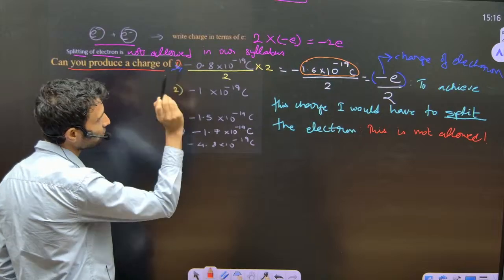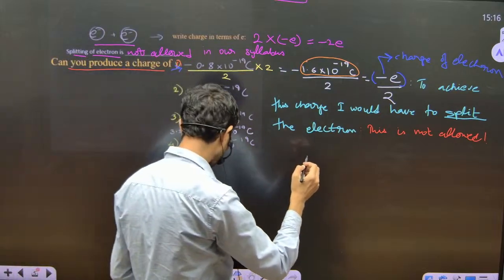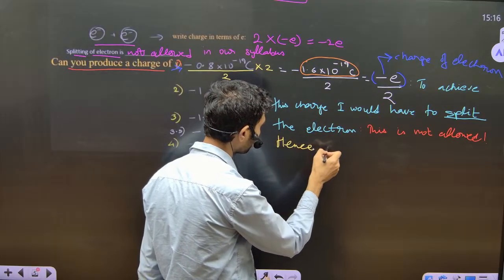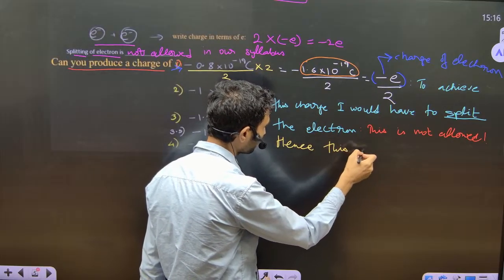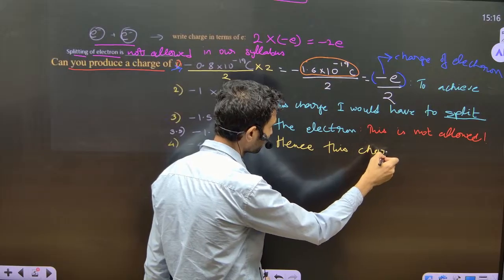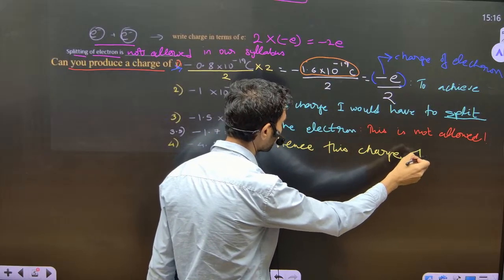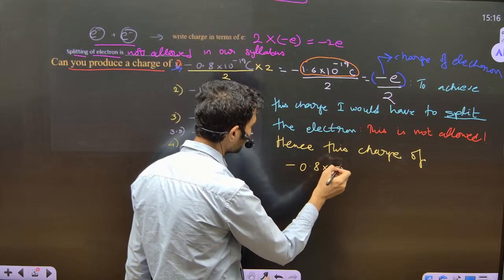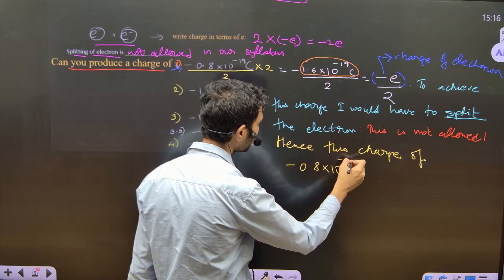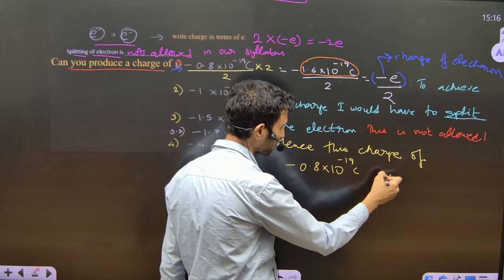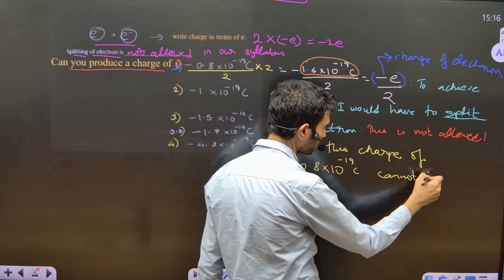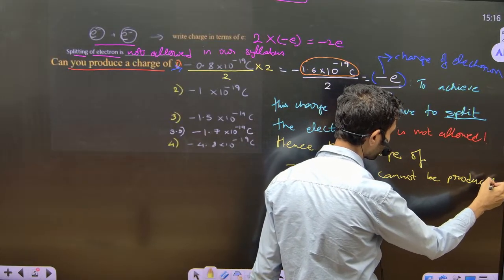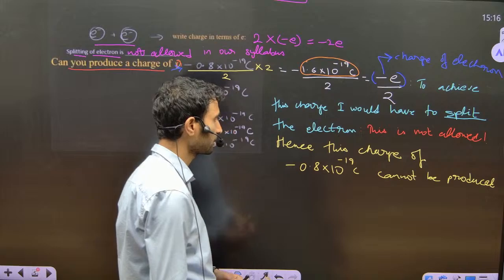Hence this charge of minus 0.8 into 10 raised to the power minus 19 coulomb cannot be produced, right?